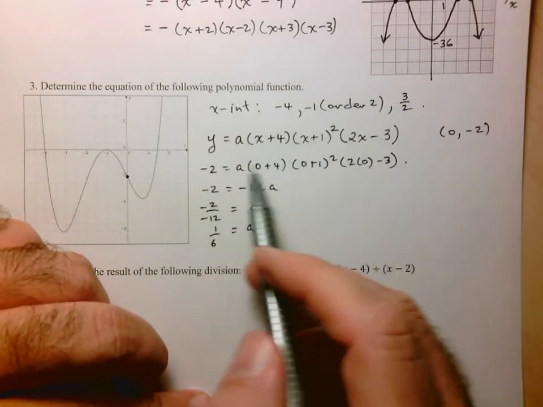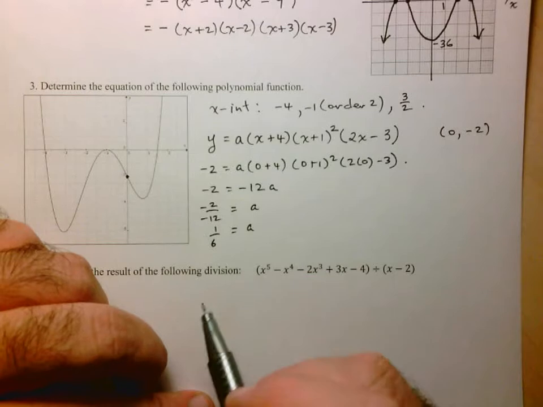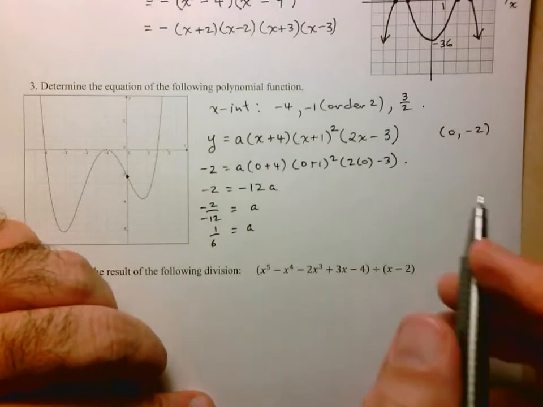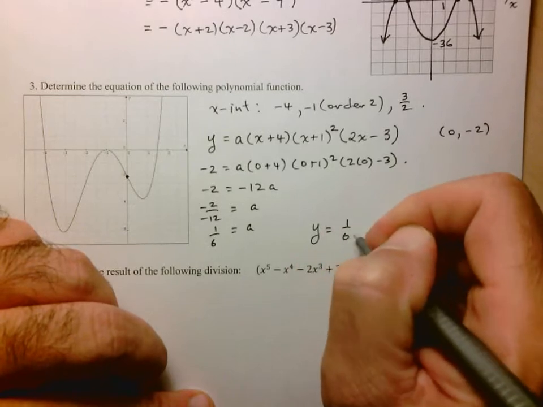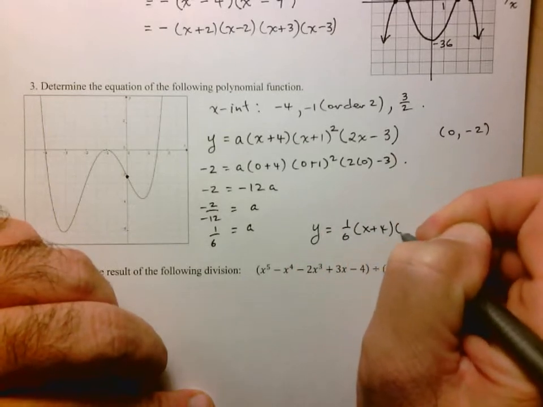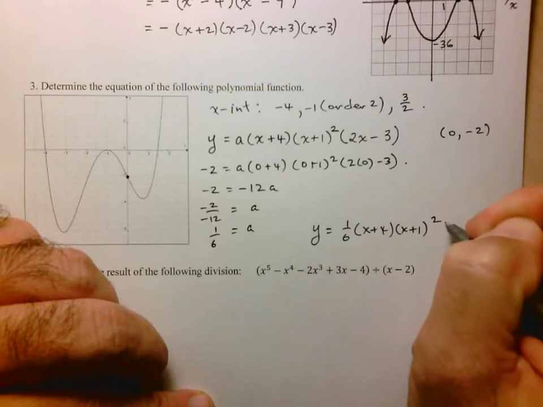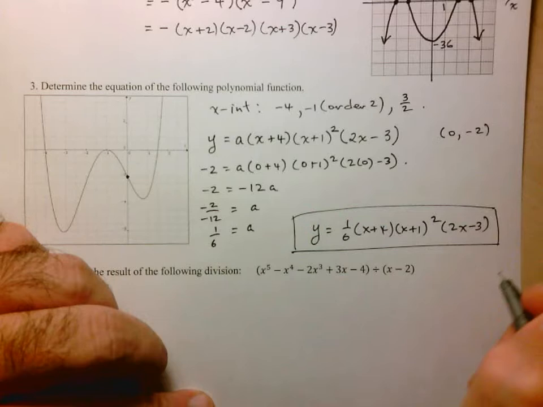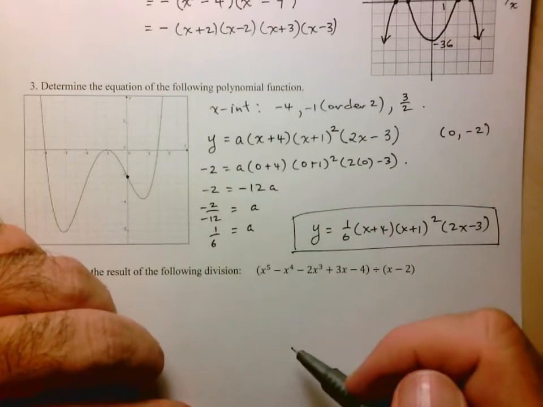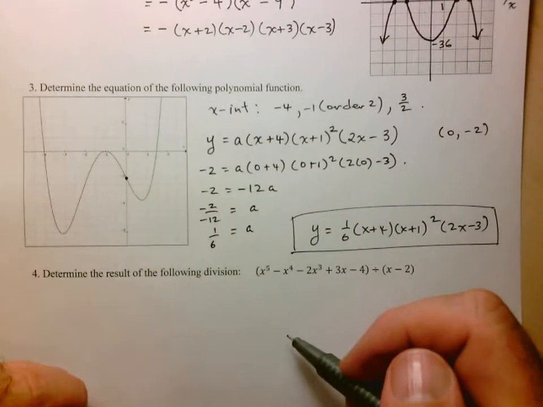If I do my calculations correctly, the correct sign should come out. Okay, so my function is 1 over 6 times (x plus 4) times (x plus 1) squared times (2x minus 3), and I definitely do not expect you to distribute this out to put it in standard form.